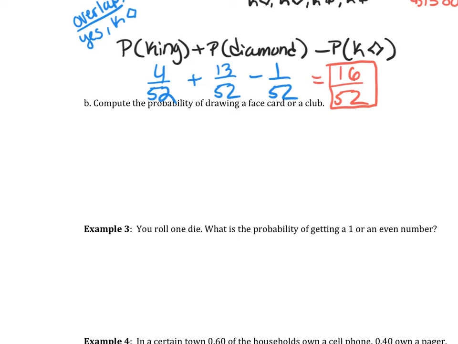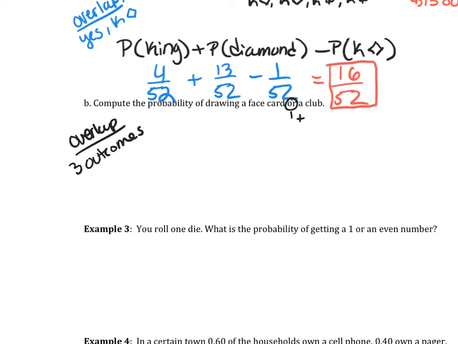All right, guys, so for part B, we have the probability of drawing a face card or a club, so that or means addition. We have to use our addition rule, so we have to check for overlap. In between being a face card and a club, there are 3 outcomes that overlap, the jack, queen, and king of clubs.